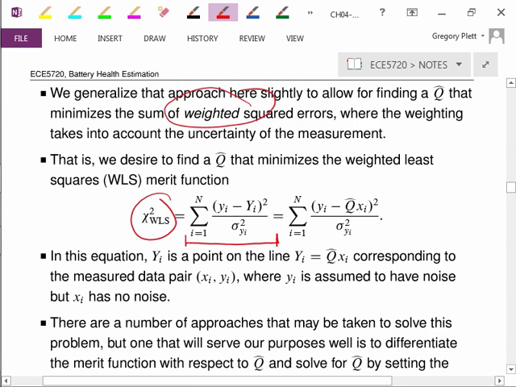Little y sub i is the measured data point, if you will. So little y sub i is the actual integrated current. Capital Y sub i is the point that little yi maps to on the line.